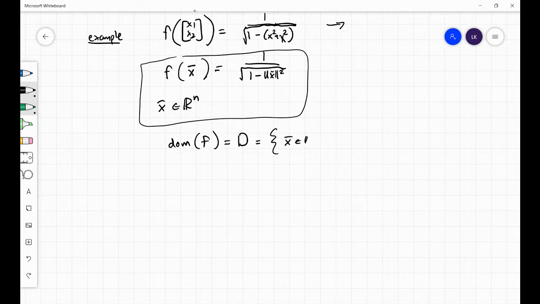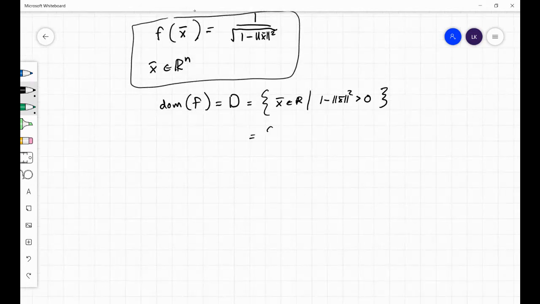It can't be 0, and because of the square root, we have to have that this is greater than 0. So this would be all x's in n-space whose magnitude is less than 1.